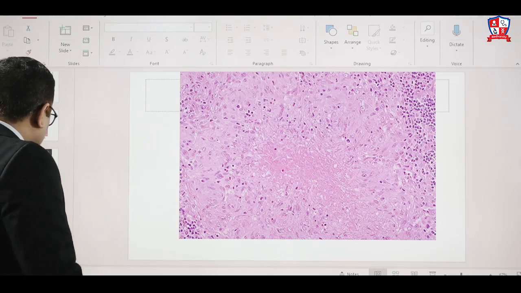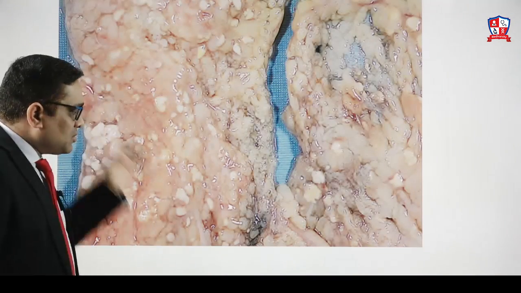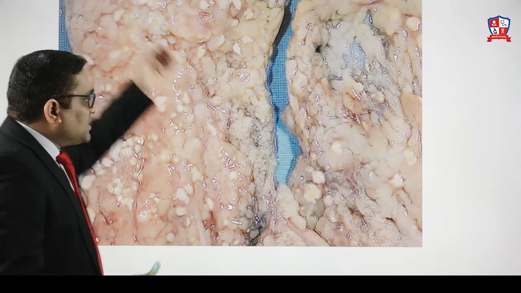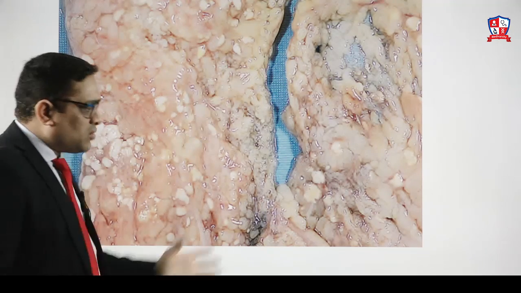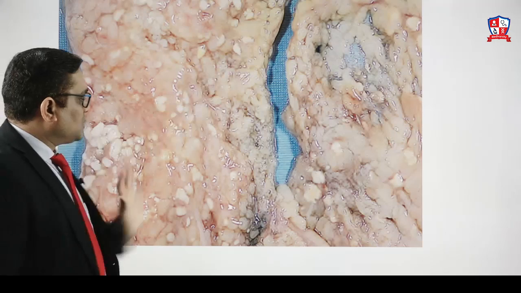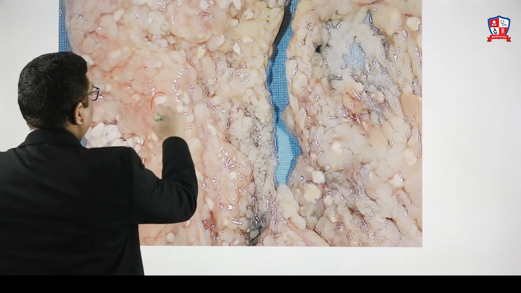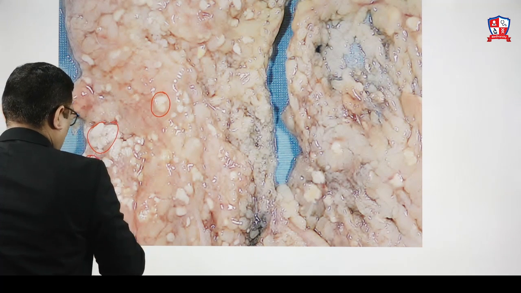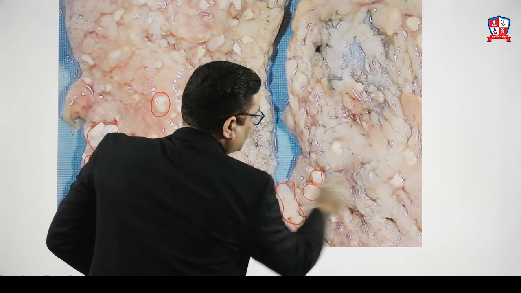Again, I would like to show you this diagram, a similar picture to which was asked in the NEET exam. You can see this is the omental fat, where you can see the fat necrosis. In this fat necrosis, never forget the rule of 5, as I said: 1, 2, 3, 4, 5. And if you look at this area, whatever I am marking, you can see a small whitish area in comparison to the surrounding tissue.